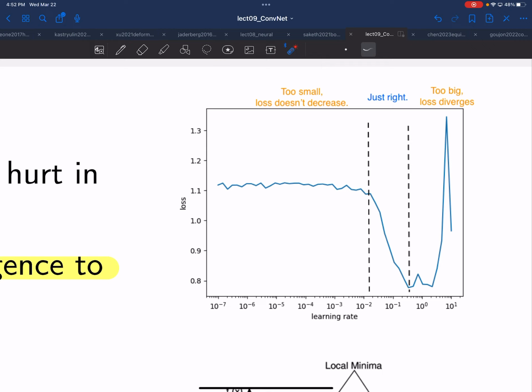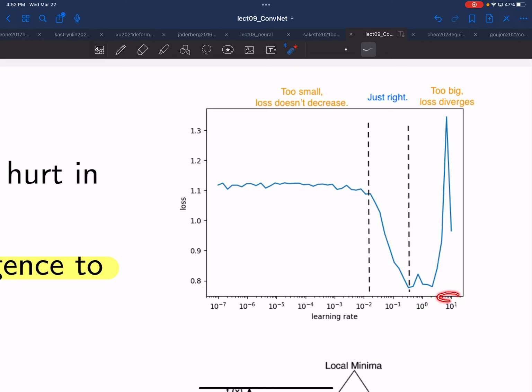This is showing the value of the loss after a certain number of iterations versus learning rate. And so these are very small learning rates here. You can see that if you use those small learning rates, the loss you converge to is simply quite high. Once you start to get in this region, you can see you can converge to lower and lower. This seems to be kind of a sweet spot where you can get to lower losses.